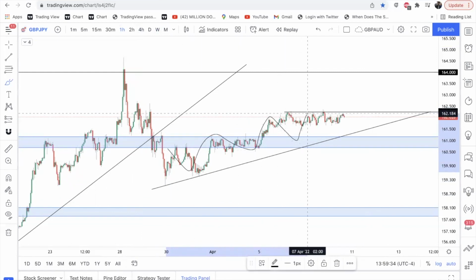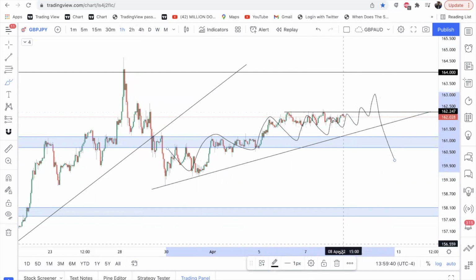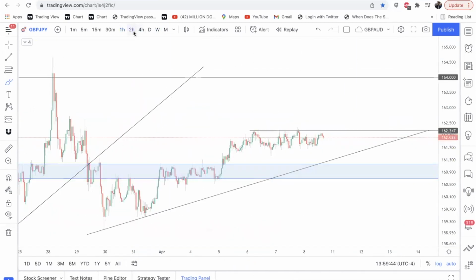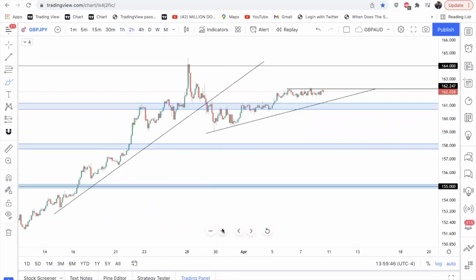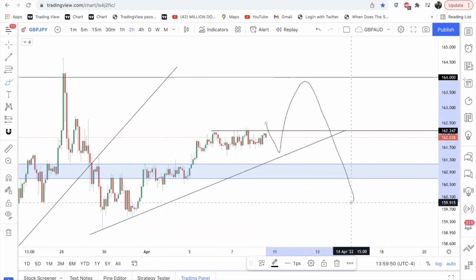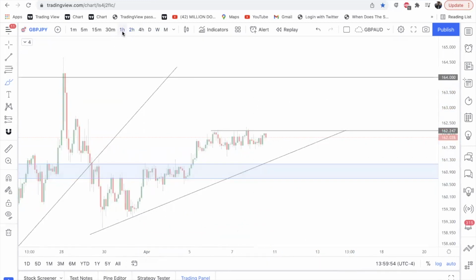This whole move right here is moving corrective. I believe it's just a big corrective channel before we get that bigger move or continuation to the downside. So price could still possibly revisit these highs before that drop happens. All right, so it's just interesting to see how it's going to happen.